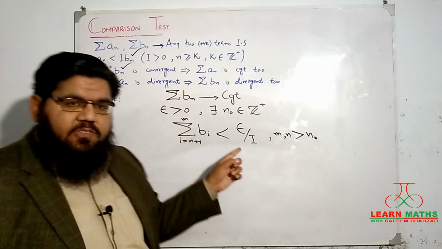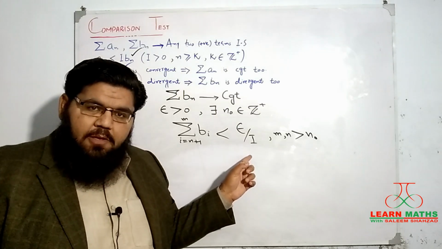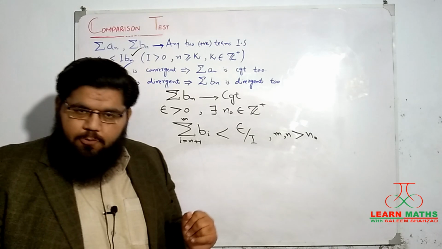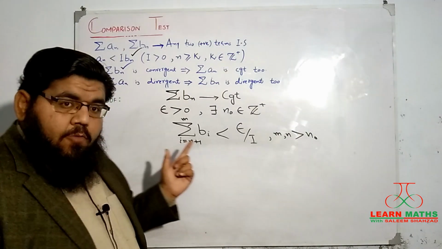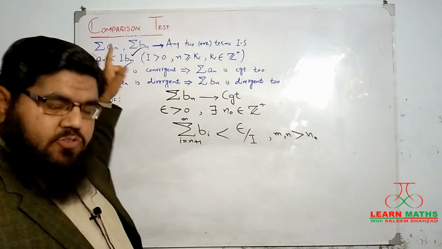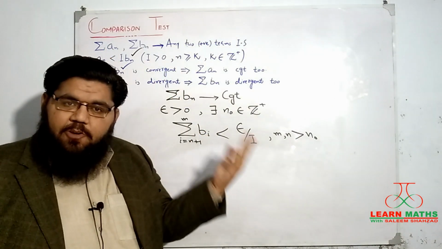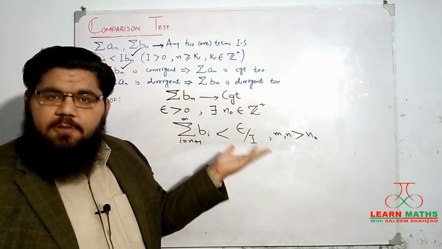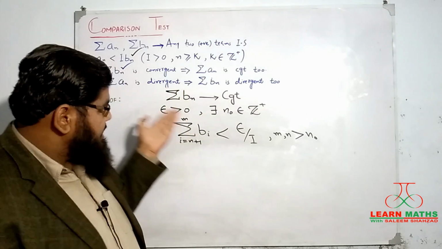I have chosen this number very carefully because it is going to help me a lot in proving what I want to prove. Anyhow, we want to see whether the series summation an also satisfies the general principle for convergence of series, because if it satisfies it, then it will be convergent as well, just like this series.